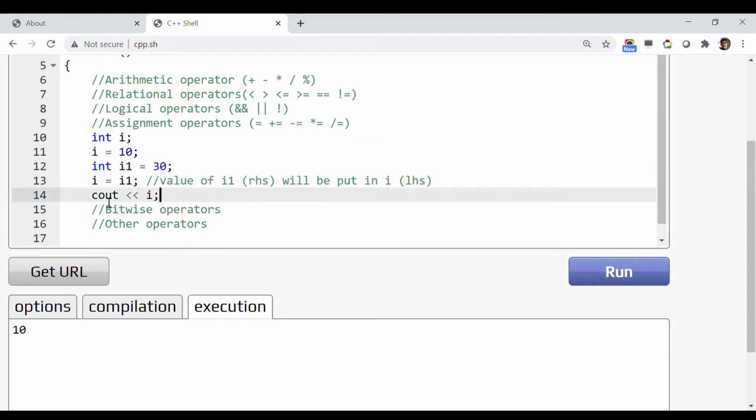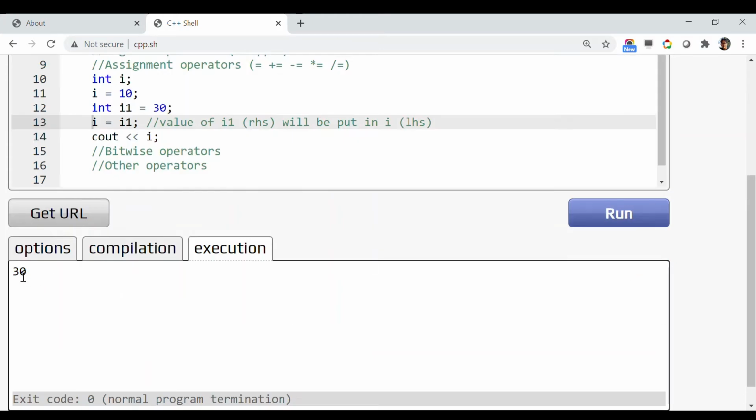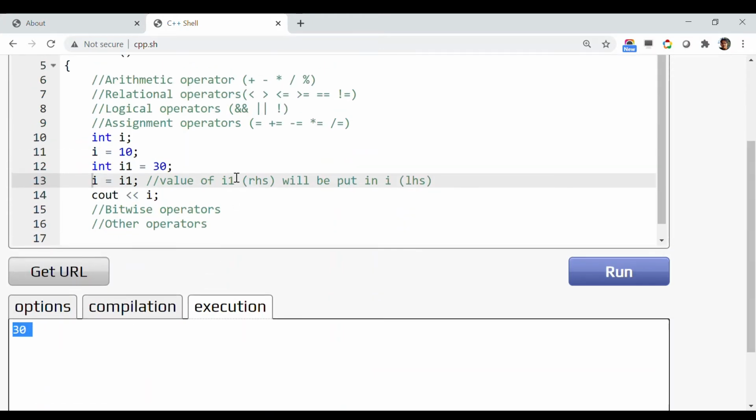So now if you just print the value of I, you can expect that the value of I has been changed to 30. So this is the result. As expected, it is 30. So this is what the main assignment operator, that is the equal symbol, does. It works in the same way as in mathematics, no difference. Now let us try to understand all these other assignment operators.